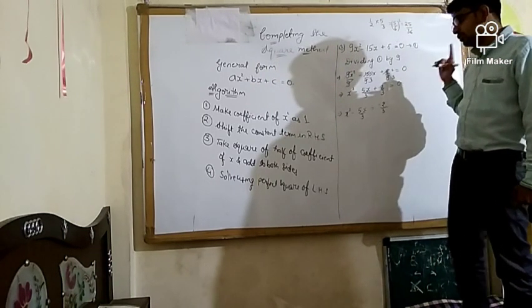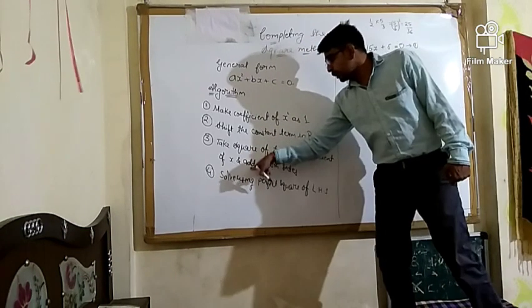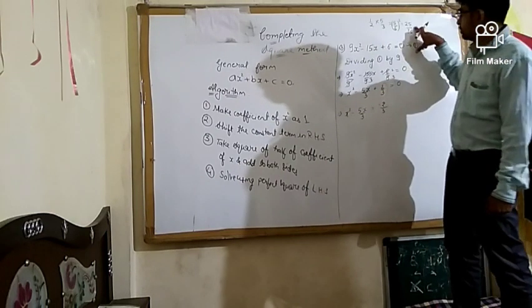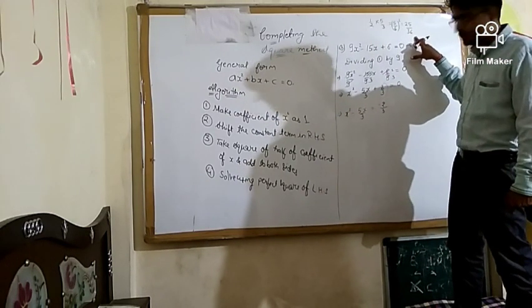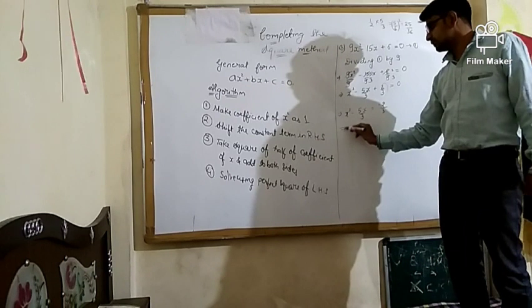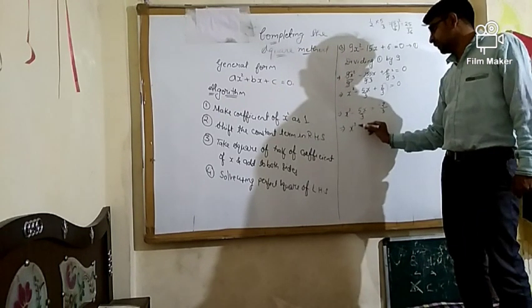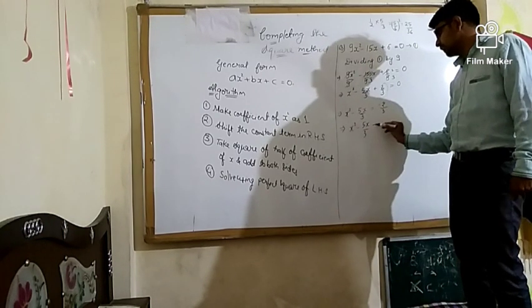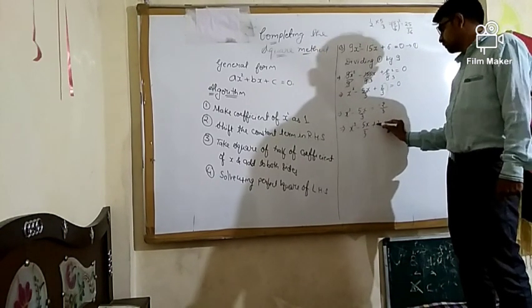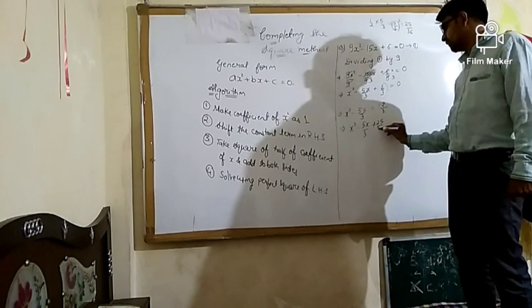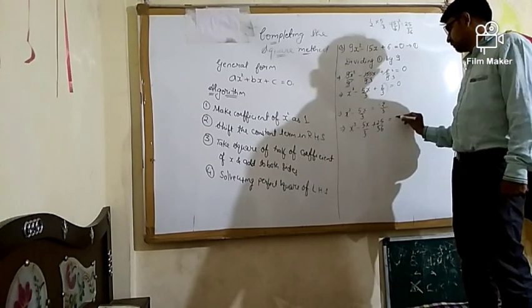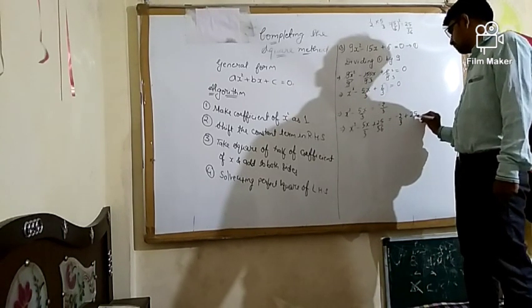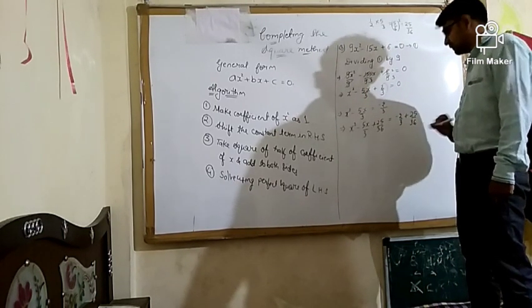So what I have to do is add it to both sides, which is 25 by 36. So x square minus 5x by 3 plus 25 by 36 equals minus 2 by 3 plus 25 by 36.